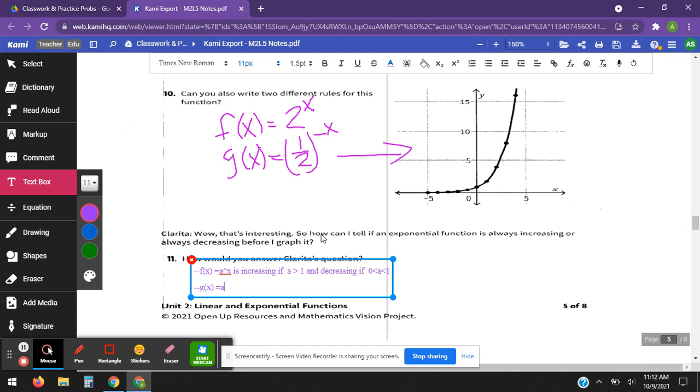Oh, a to the negative x, there we go, is decreasing, sorry, we'll start with that, is decreasing if a is greater than 1, and increasing if a is between 0 and 1. So when x is positive, we know it's increasing as we're going left to right. If x is negative in our exponential, it is decreasing from left to right.